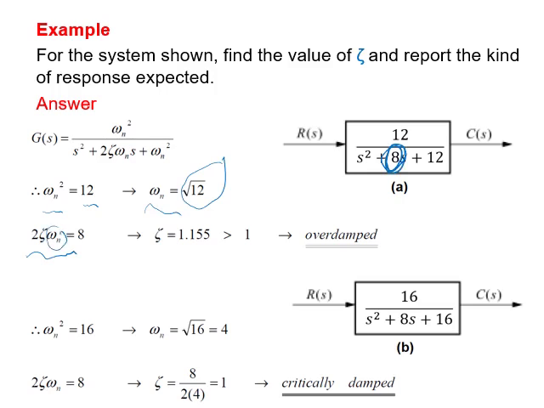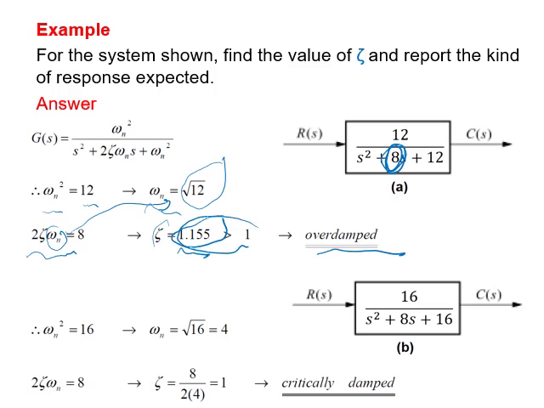Substitute omega n, calculate zeta, and you will find that zeta is 1.155, which means zeta is more than 1. If zeta is more than 1, the system is known as overdamped.